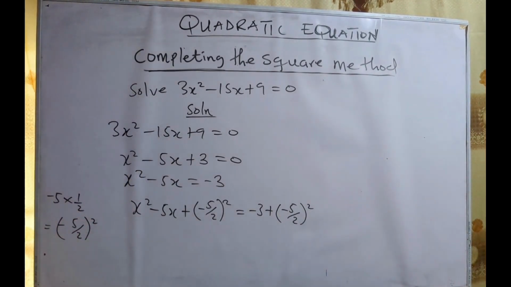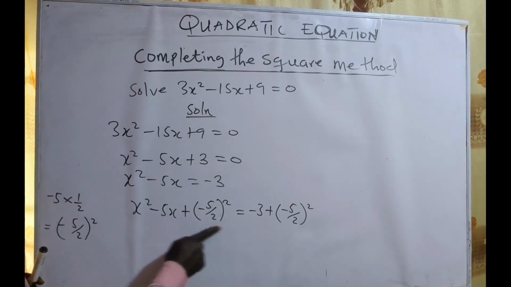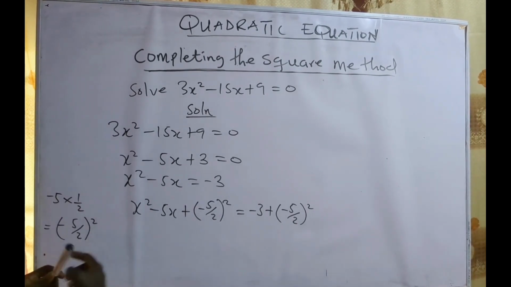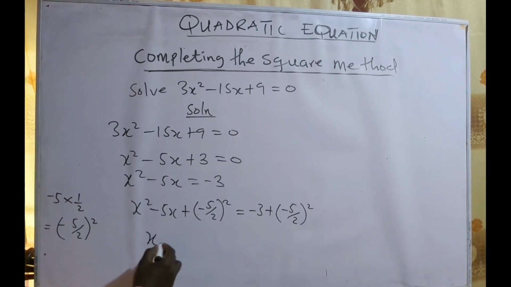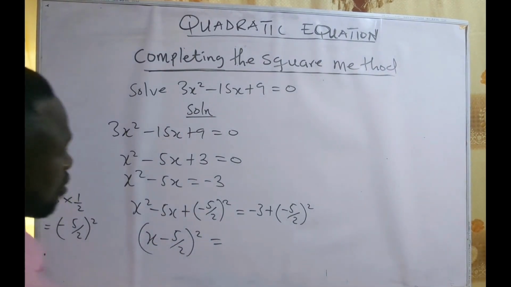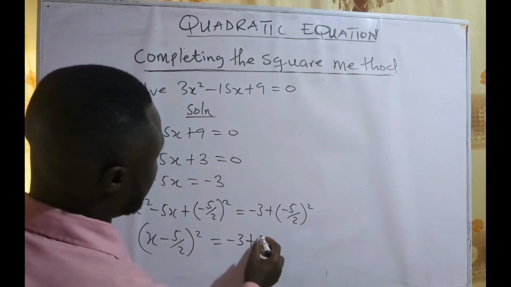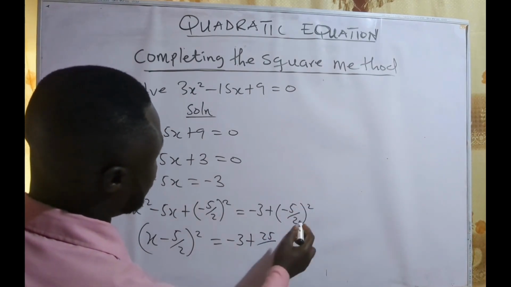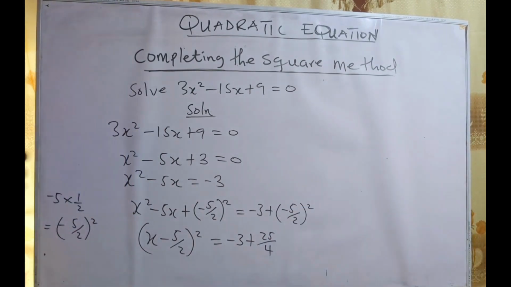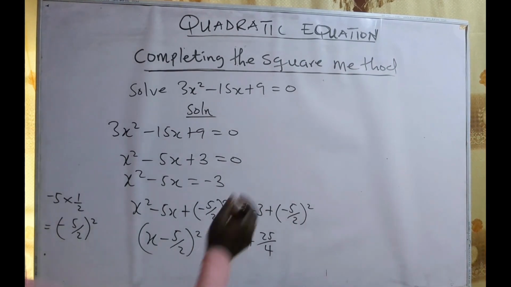Okay, so this is what we have. We have completed the square here, which will be x minus 5 on 2 all squared to be equal to negative 3 plus negative 5 squared will give me 25, 2 squared will give me 4. Alright, so this is what we have.